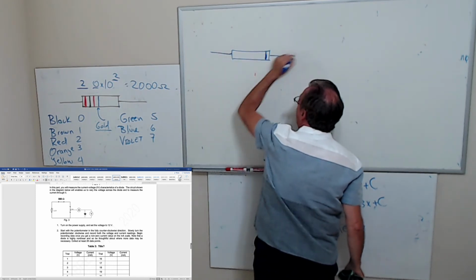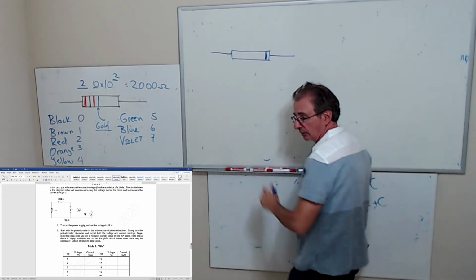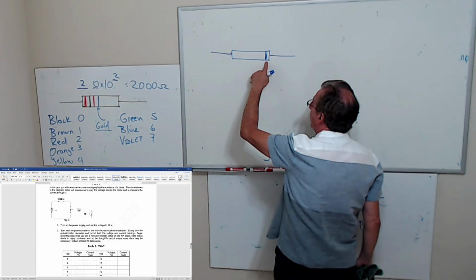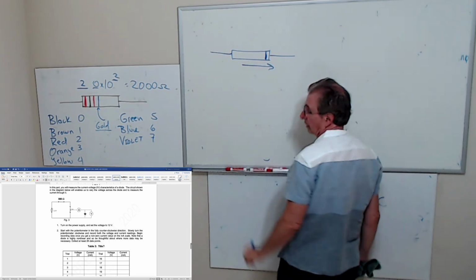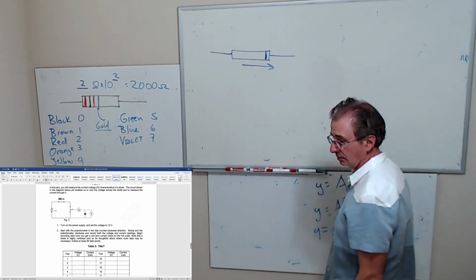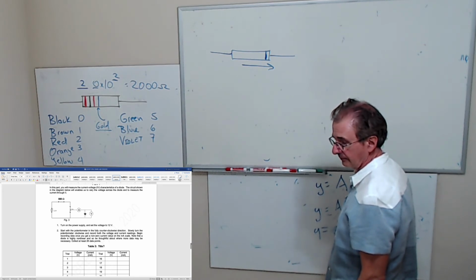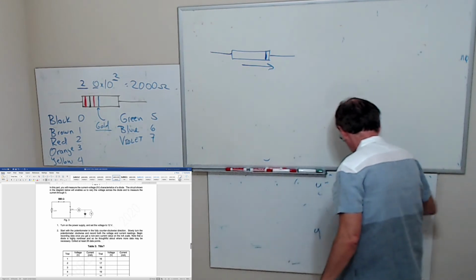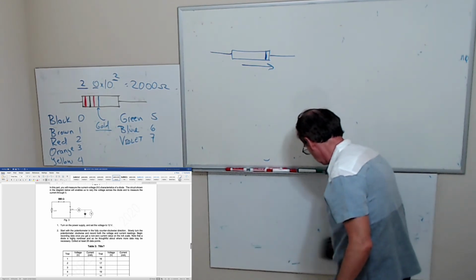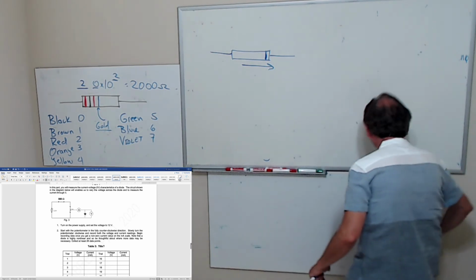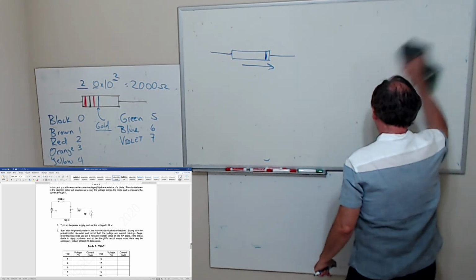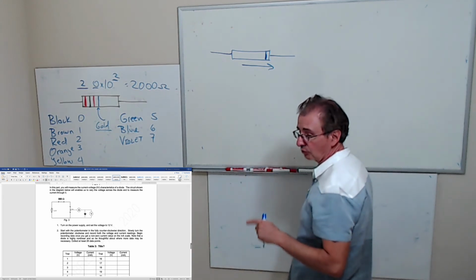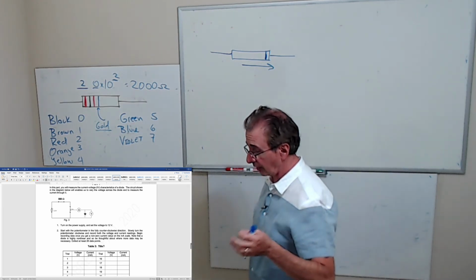If the diode's black, the band will be gray, and the band over here means the current's going to want to go this way. So this is a diode, so it only lets current go in one direction.